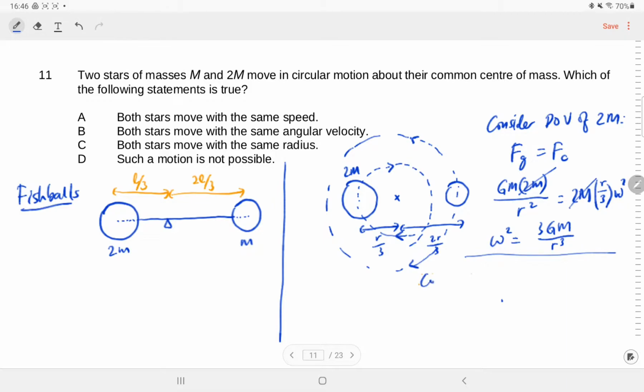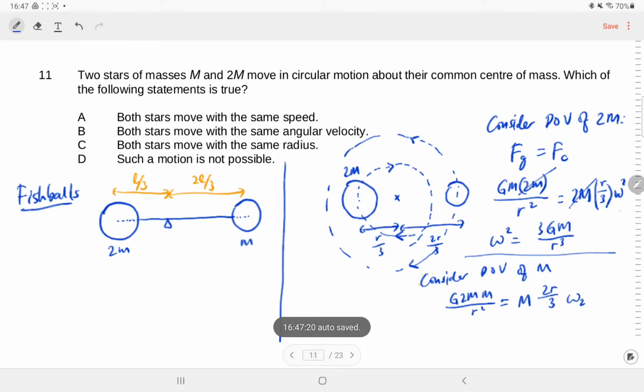So let's consider the point of view of m. You can see the equation works out to be exactly the same. So G times 2m times m over r squared equals m times 2r upon 3 times omega squared.